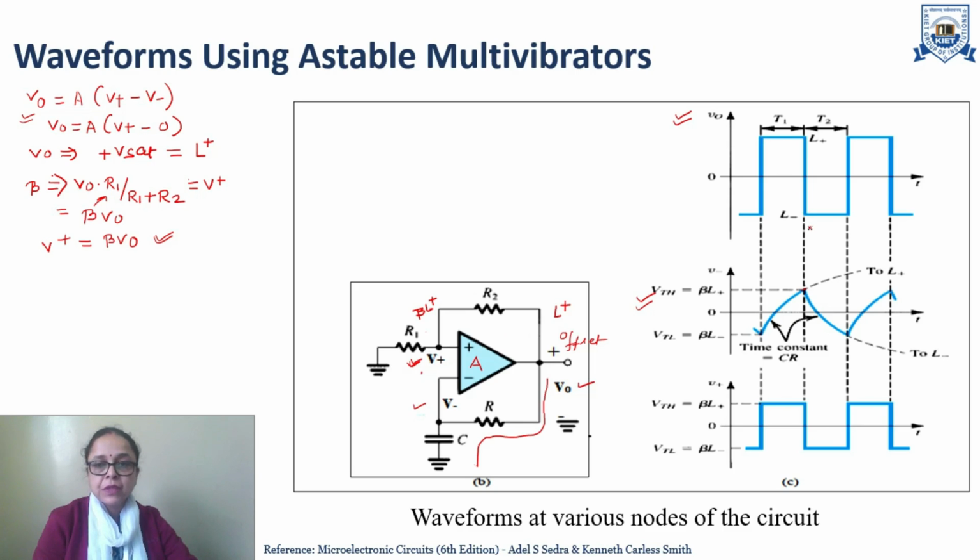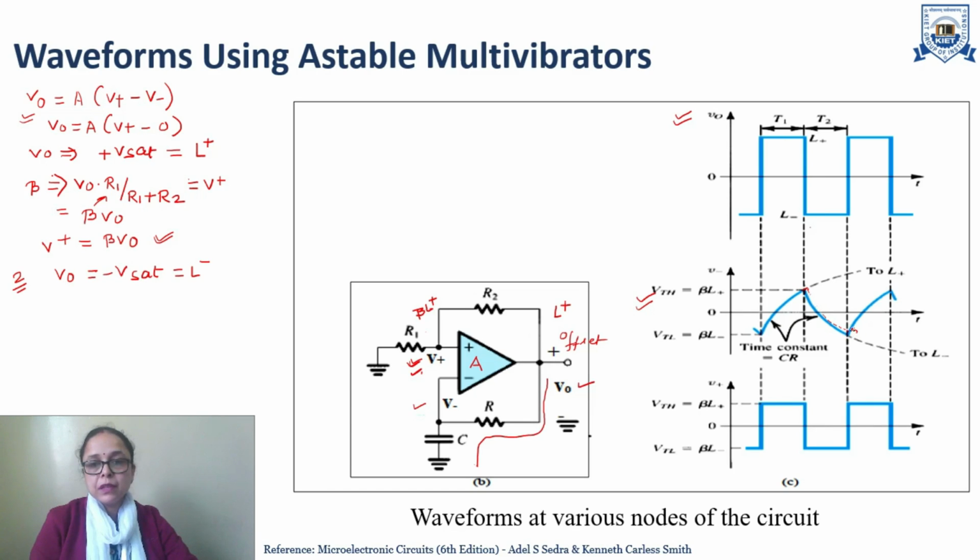Since the output has shifted to L minus, the voltage at the V plus terminal will change. Once the output of the op amp is at minus V sat, or L minus, what will happen? The capacitor will start discharging.